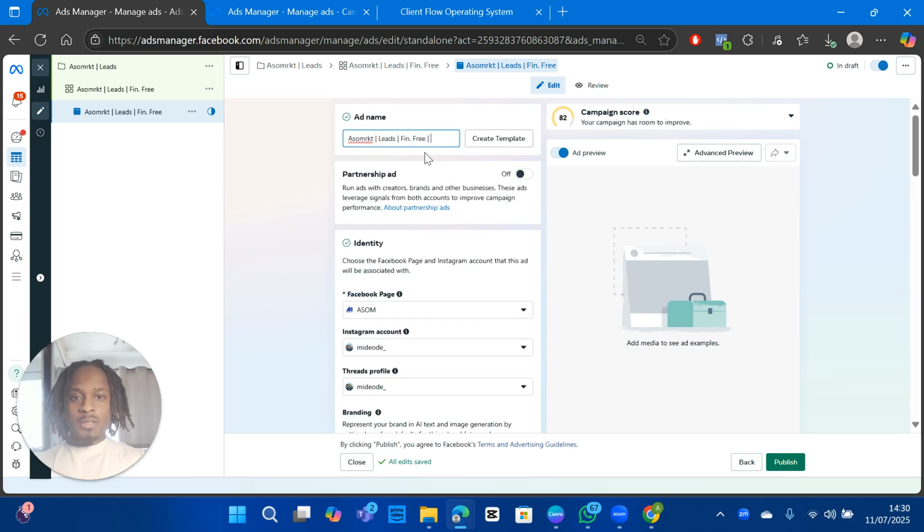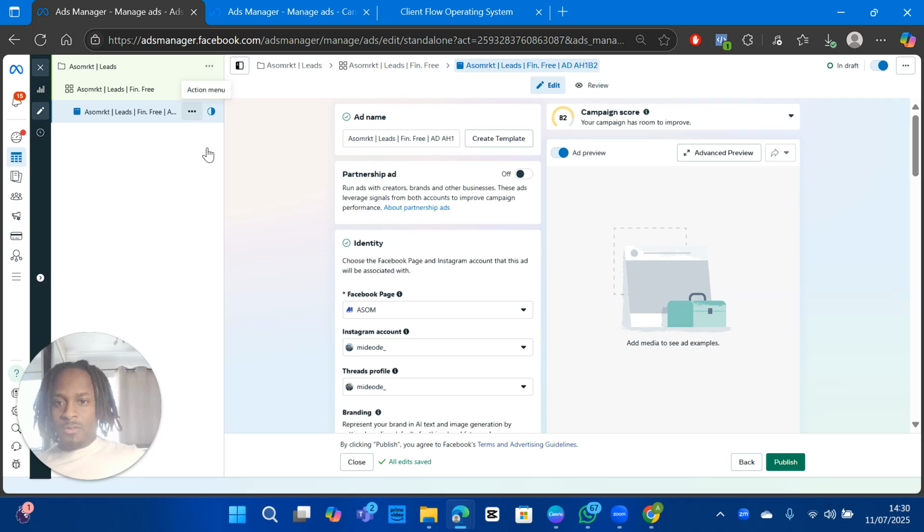What I like to do is, for every batch of ads I produce, I put a letter. So it'll be ad A, hook one, body two, so I know this ad is from batch A, and that it's hook one and body two.